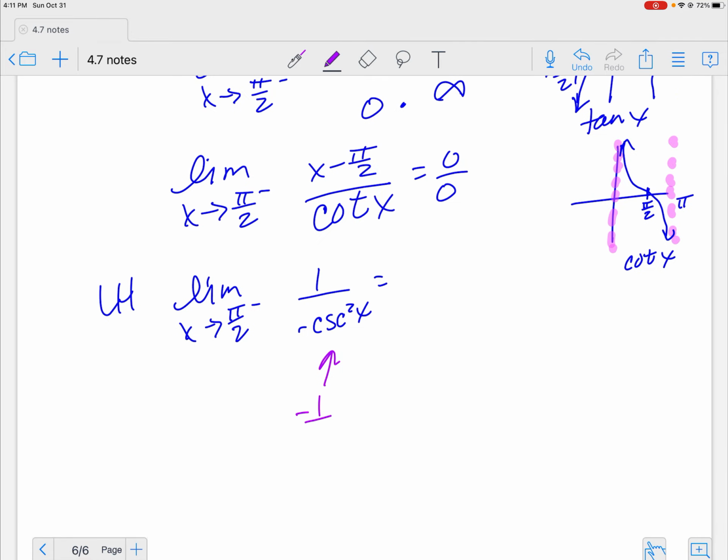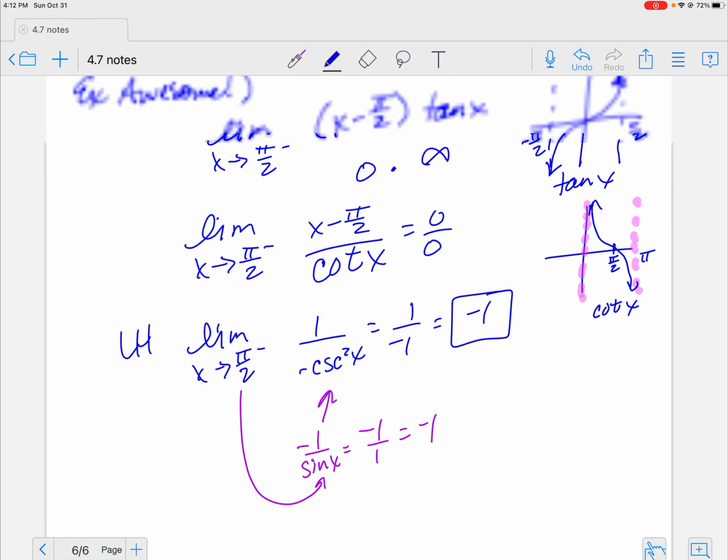Right? So this is going to be negative 1 over the sine of x. So negative 1 over 1 whenever I plug in that pi over 2. So then I get that negative 1. Good. So this is going to give me 1 over negative 1, which is a negative 1.